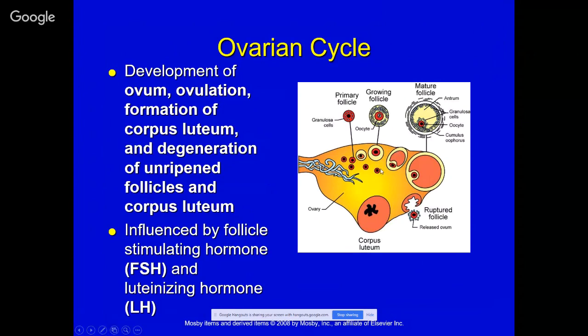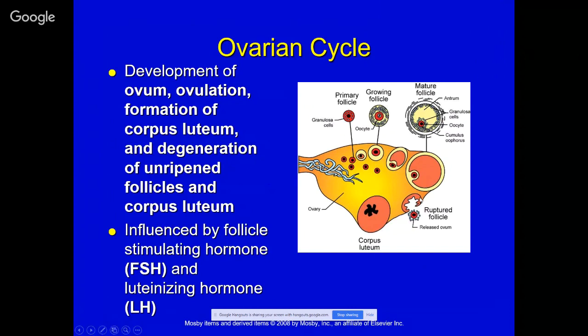Ovulation is influenced by follicle stimulating hormone first, and then by luteinizing hormone. So first we have follicle stimulating hormone that stimulates the generation of the follicle to feed that oocyte, to grow that follicle, to continue to feed that ovum and help it to mature.